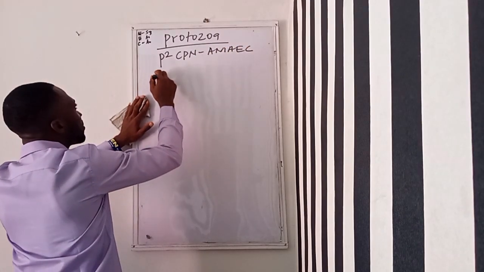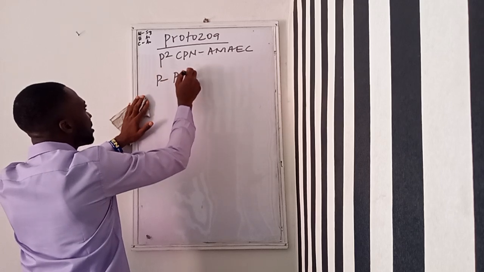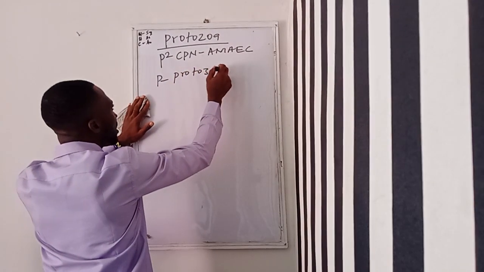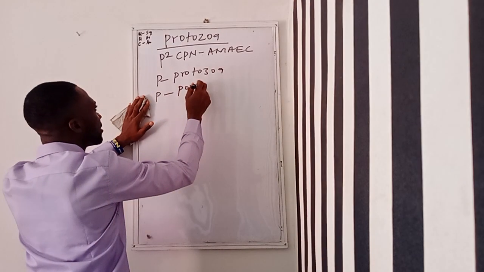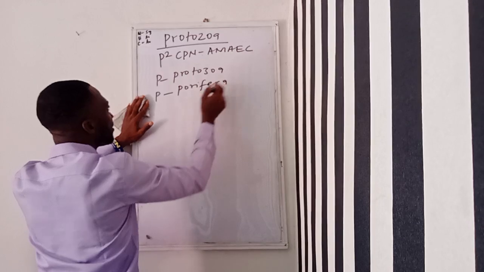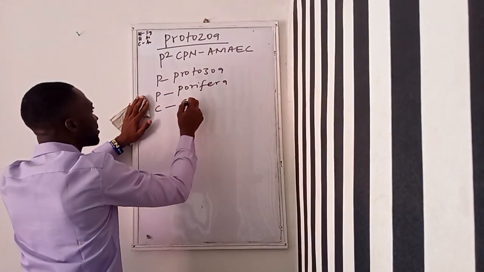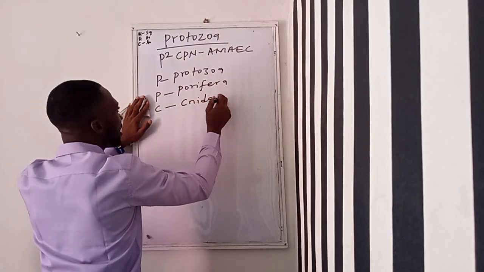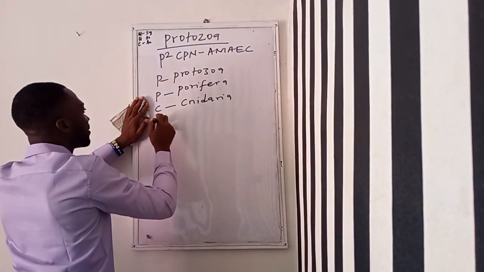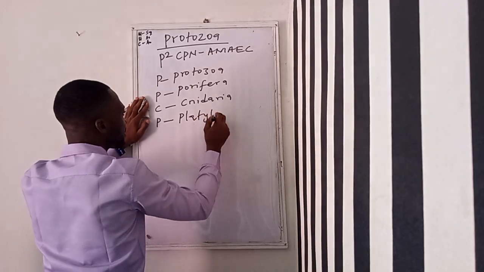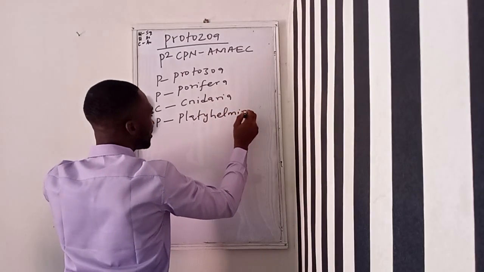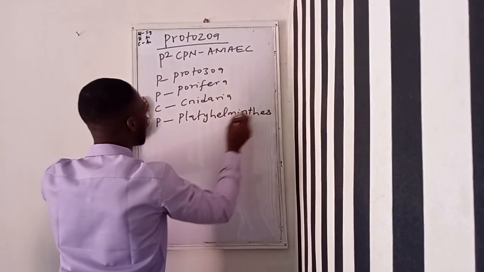So I have the first P as protozoa. I have the second P as porifera. I have C as cnidaria. I have P as platyhelminthes.